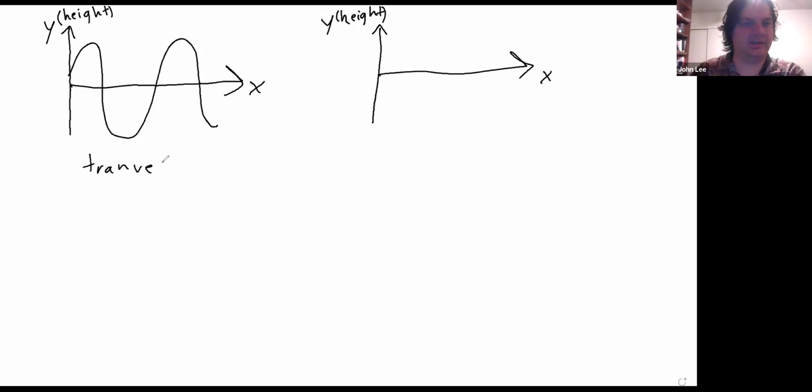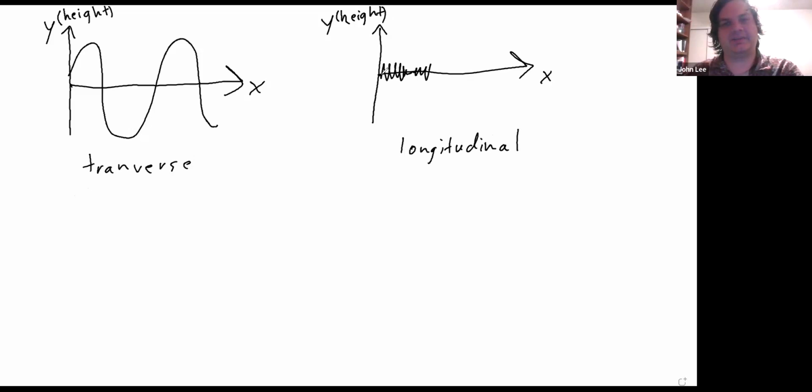A longitudinal wave doesn't look like that. A longitudinal wave has some pressure that gets bigger and smaller and bigger and smaller as time goes by, but the actual height doesn't change, just the pressure. So this is kind of cheating. This is showing what pressure is when really the y shouldn't change at all.